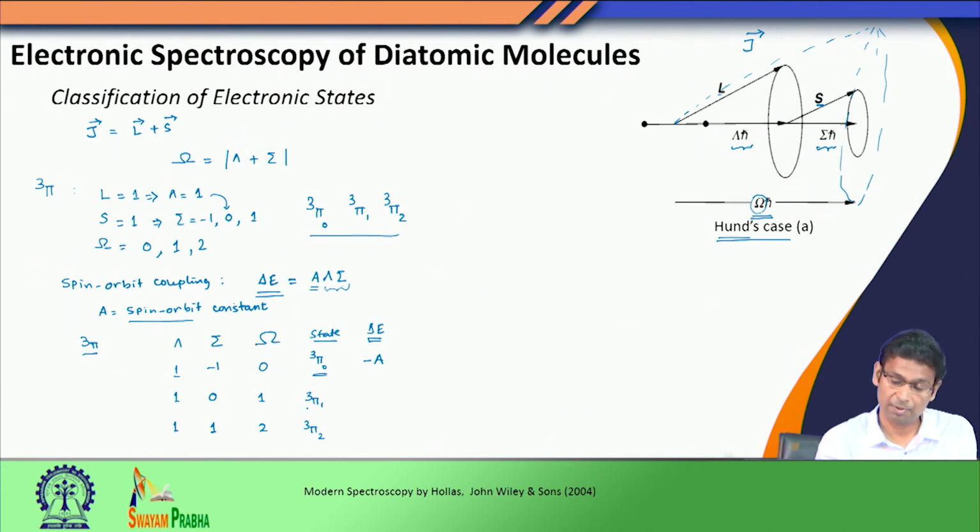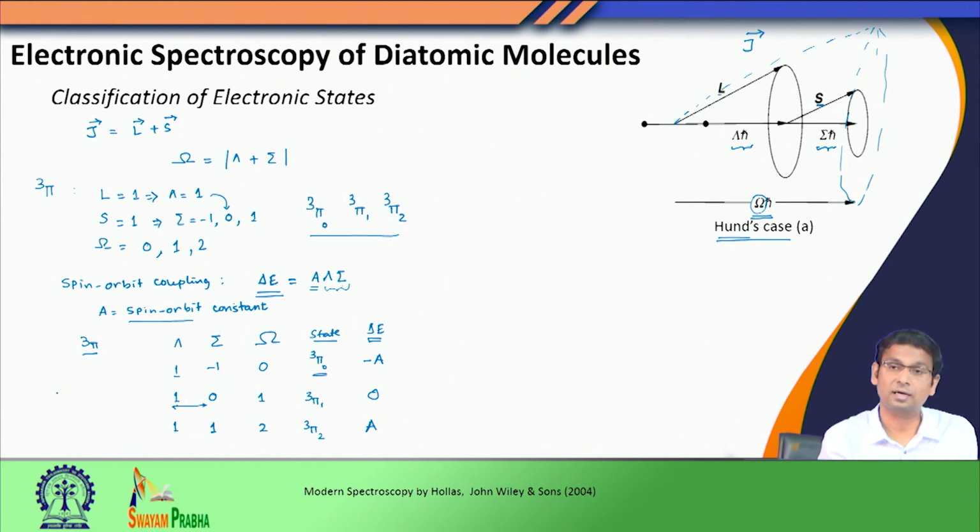Now, what about triplet pi 1? Lambda and sigma, if I multiply, I get 0. Therefore, delta E is 0. What about the last configuration? We have 1 times 1, so delta E is going to be +A. So, now triplet pi 0, triplet pi 1 and triplet pi 2 have different energies.